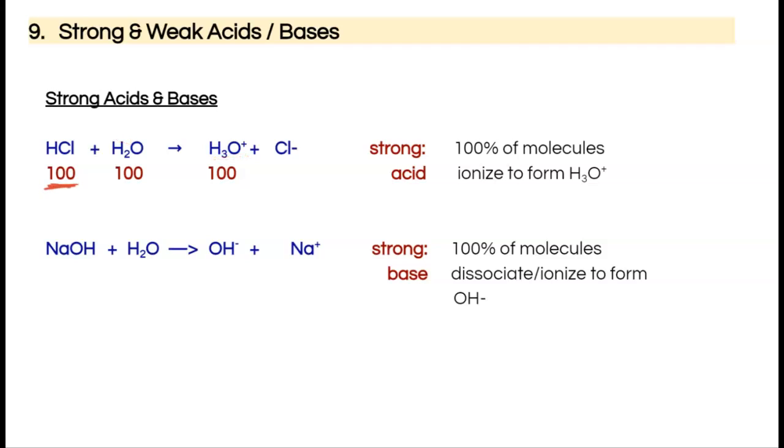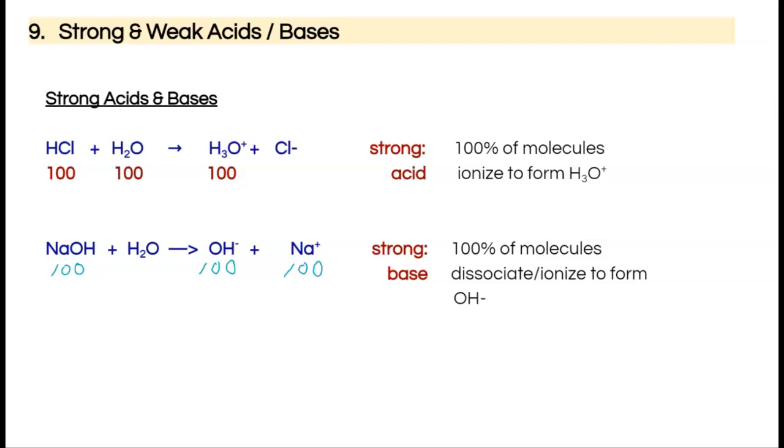Okay, 100% dissociation or ionization. And so the same holds true for bases. So if I had, for instance, 100 particles of sodium hydroxide, then all 100 of them would dissociate into sodium ions and hydroxide ions, or near 100. Okay, and so that frees up some ions to do some damage, like these hydroxide ions, for instance.